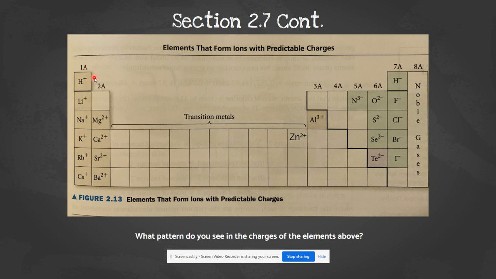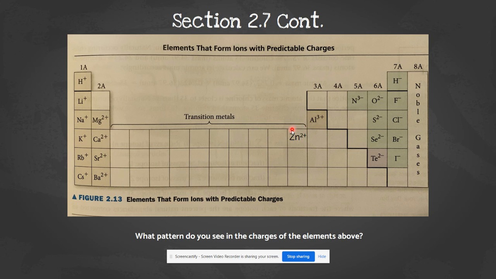I want you guys to look at the diagram and see if you find a pattern with the elements and the charges that are visible here. So we have group 1, you can see they're all +1. Group 2, these are +2 and they exclude this top element. Over here, it's just aluminum, but it is in group 3A and it does have a 3+ charge.